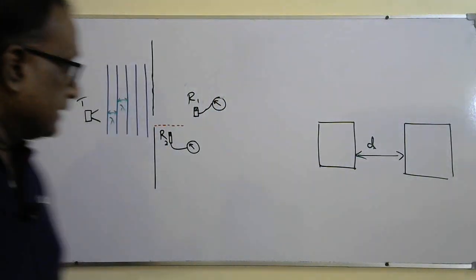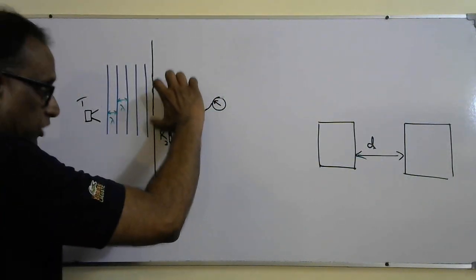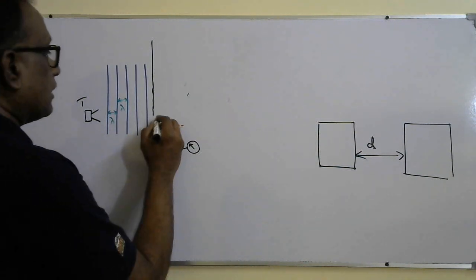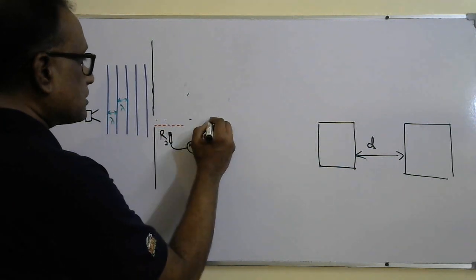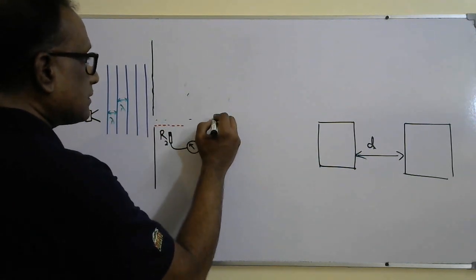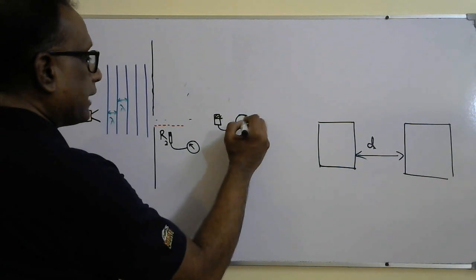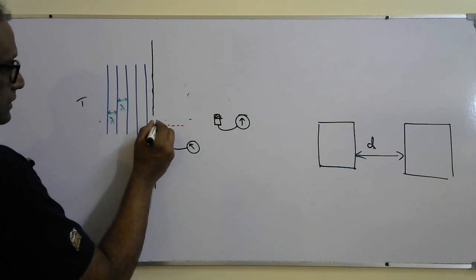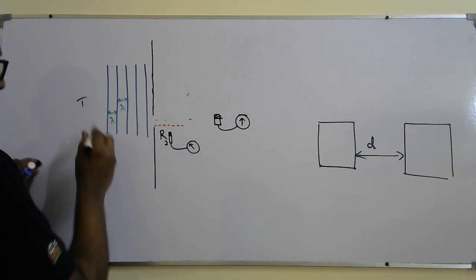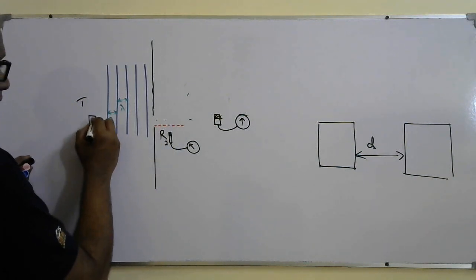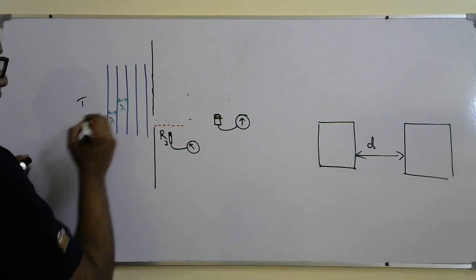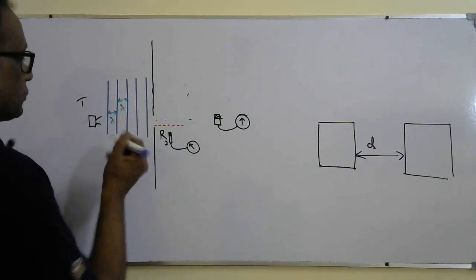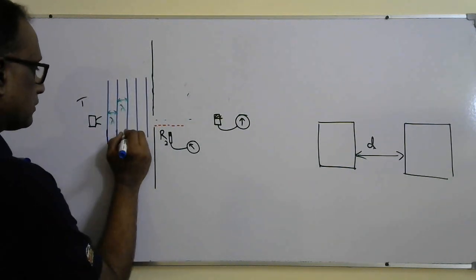As the slit is reduced further and further, I should keep R1 always just in front of the slit, connected to the milliammeter. The transmitter is also kept always in front of the slit, something like this. So the wavefronts, we can reduce the upper part, the same wavefronts.